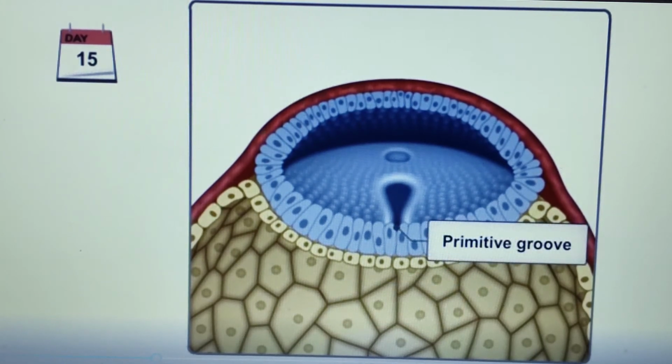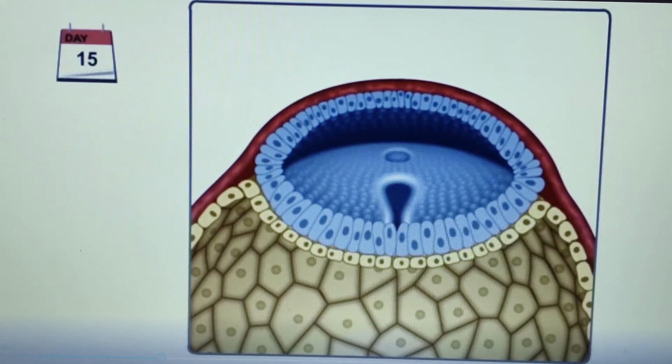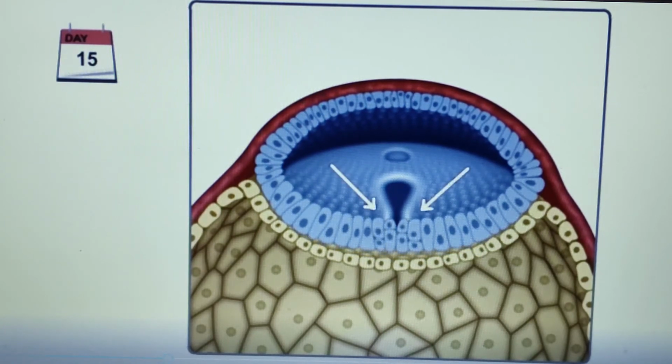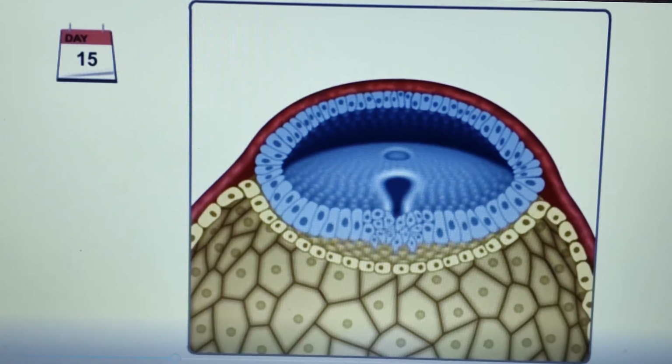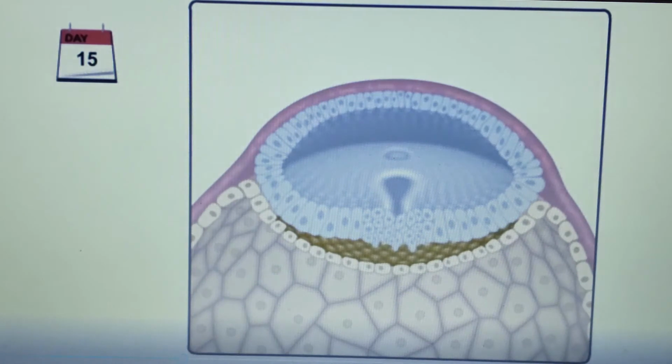After the formation of the primitive groove, the cells of the epiblast from both sides migrate into the primitive groove by a process called invagination.